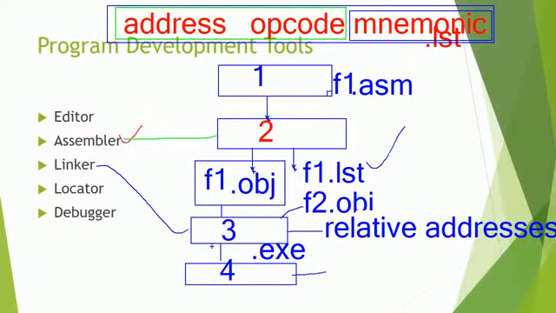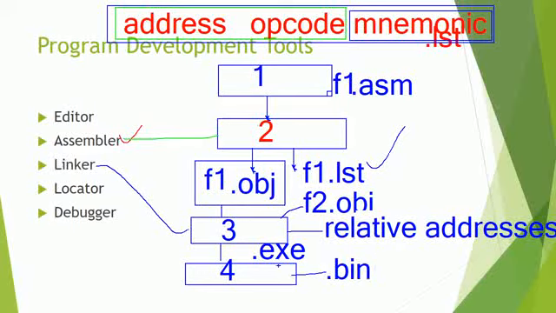The locator is the one which is converting your .exe file into the binary format, the .bin format. So let me take the small bin file.